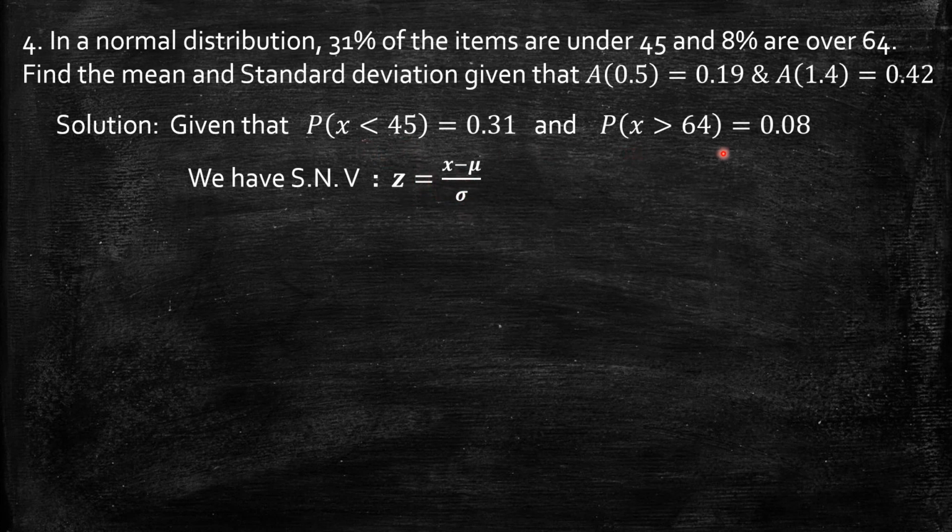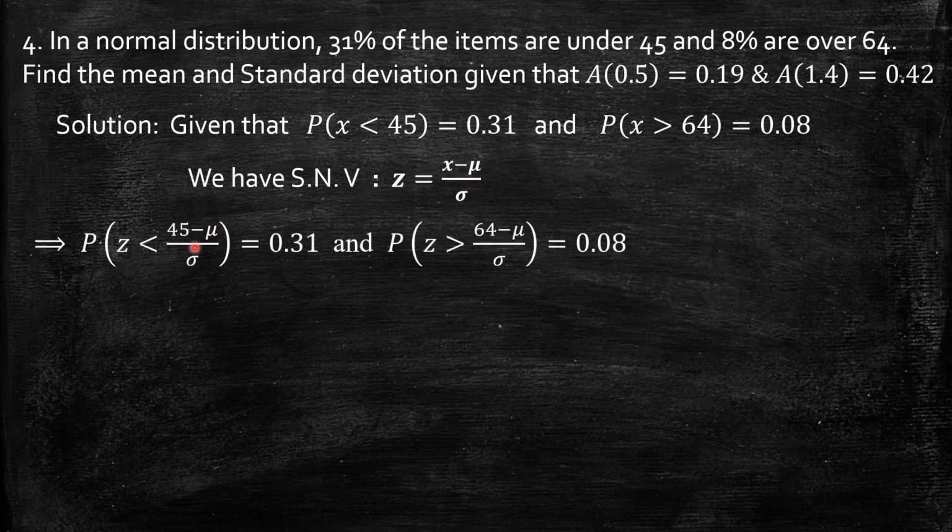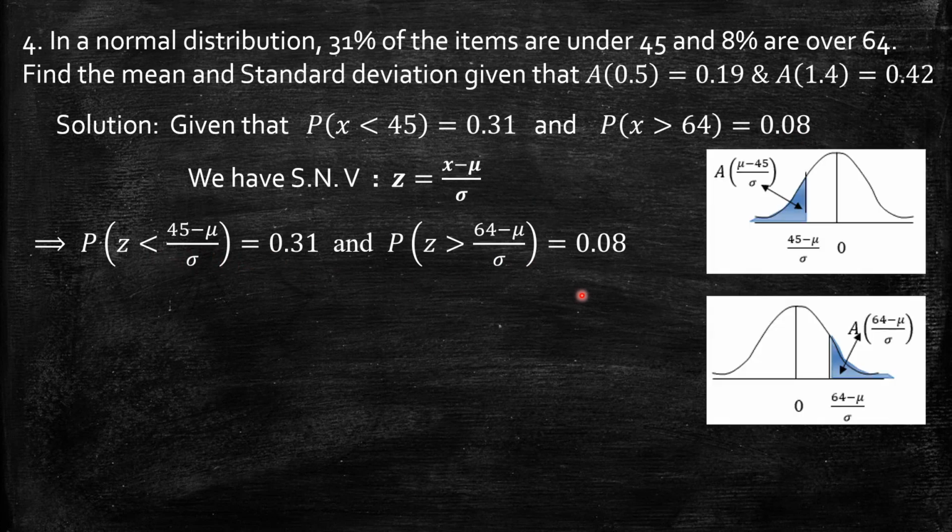When x equals 64, z is 64 minus mu by sigma. So that means the probability of z less than 45 minus mu by sigma is 0.31. And in terms of z this becomes the probability of z greater than 64 minus mu by sigma, that is 0.08. So let me identify these probabilities under the standard normal curve, which represent the areas.